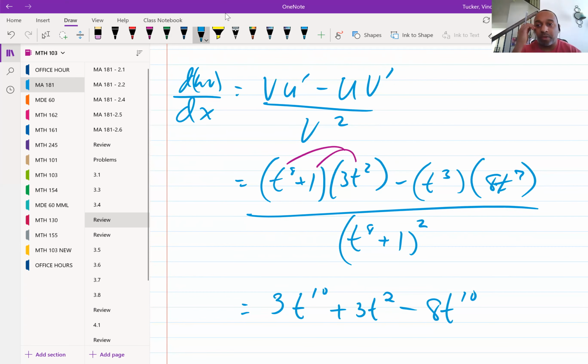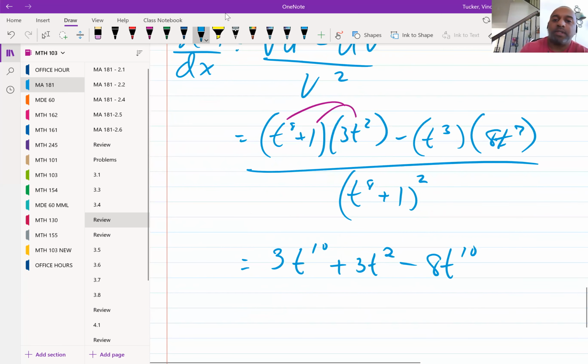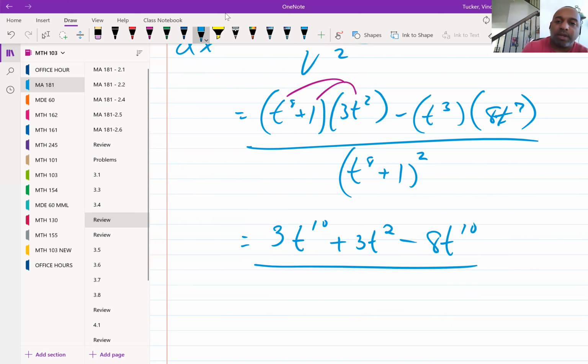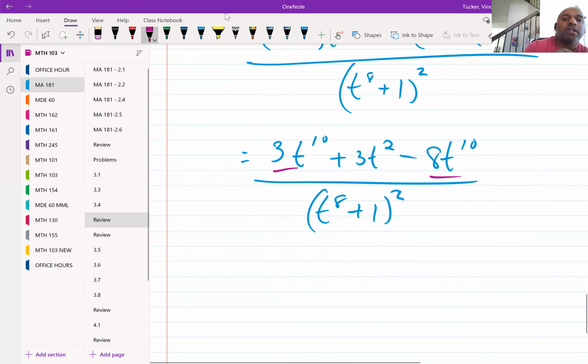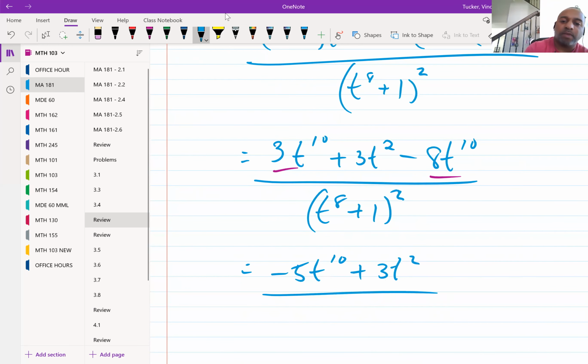So all we're doing is adding our exponents. And we have t to the 8th plus 1 squared down bottom still. We can combine our like terms: 3t to the 10th minus 8t to the 10th. Making sure I got my stuff straight. 10, 10, 3, 3, yeah. All right, so that would be negative 5t to the 10th plus 3t squared, over t to the 8th plus 1 squared.